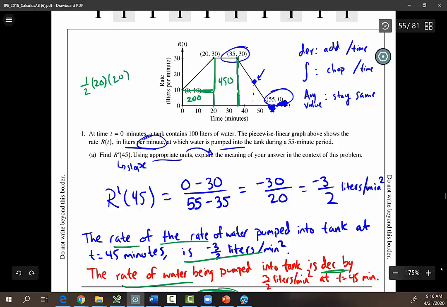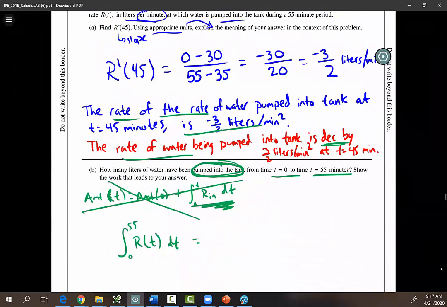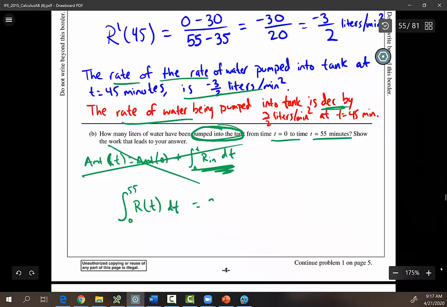So the height was 20. So that becomes 200. And this one is 1/2 times from 35 to 55, a width of 20, and times 30. So this is 300. We'll add all of those numbers up: 200 plus 200 plus 450 plus 300. And then we get 1150.